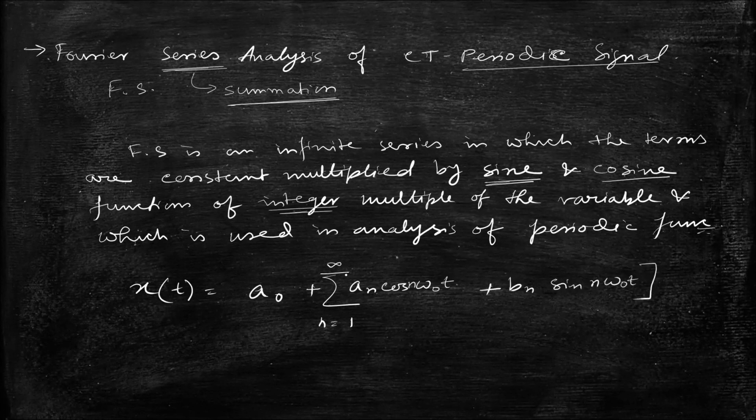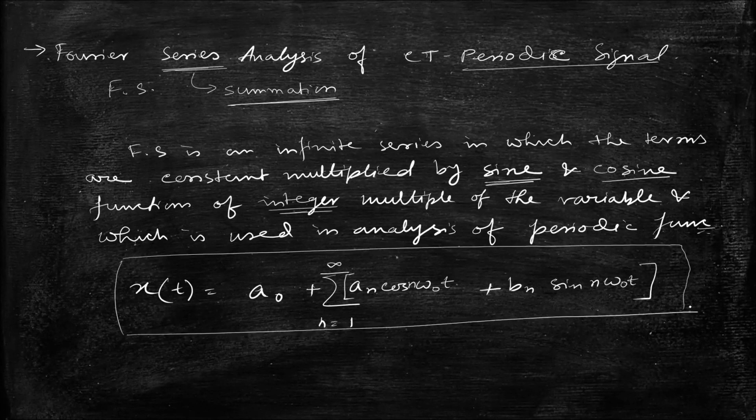So that is the formula of Fourier series. Today I will not go through the Fourier series explanation because if I give you too much math at once, you will be lost.